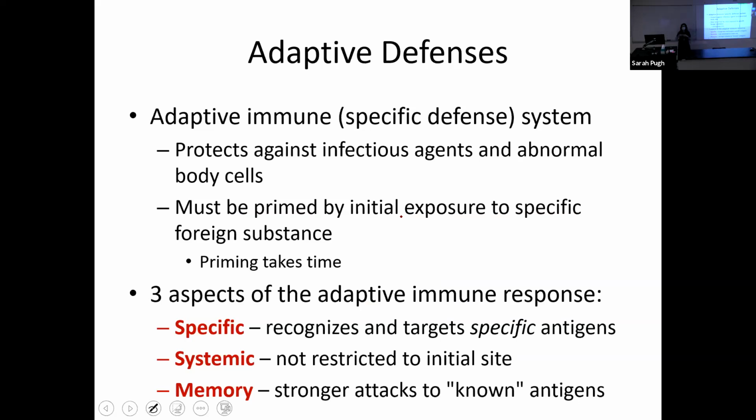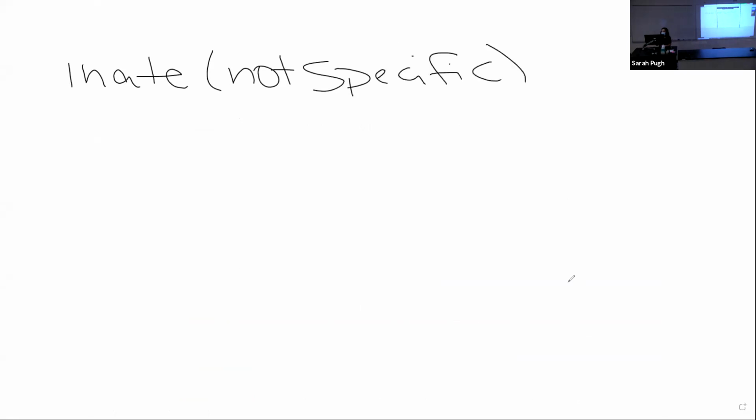So remember, we have these innate defenses. So I'm going to pull up a whiteboard real quick. So our innate defenses, these are not specific. Okay.